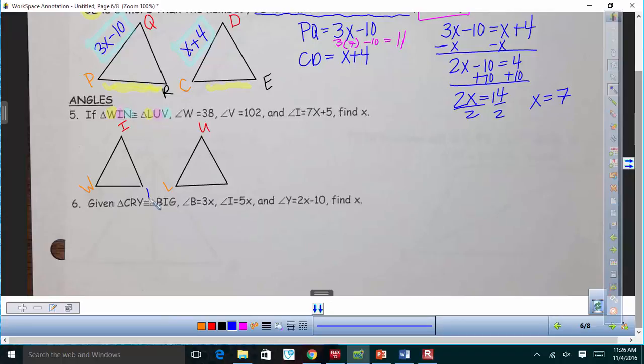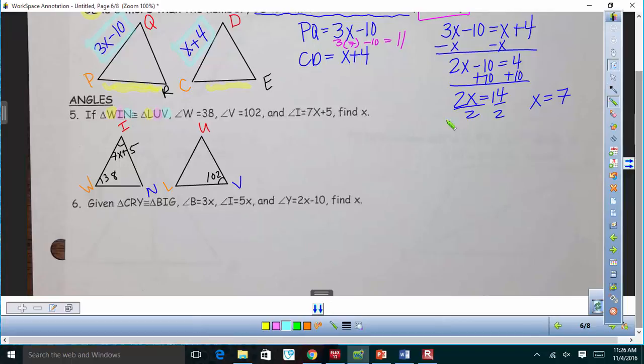And then N goes here, V goes here. Okay, so now let's label. So it says W is 38, so this is 38. It tells me V is 102, and then it tells me I, which is right here, is 7x plus 5.